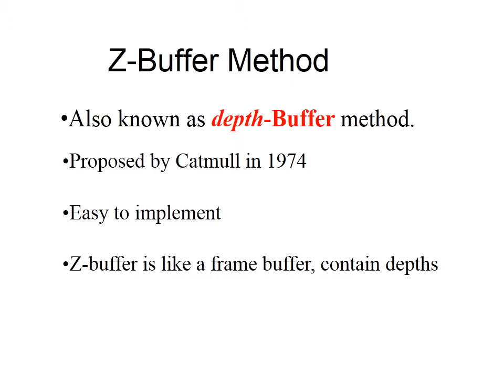So, Z buffer method, also known as Z depth buffer method, proposed by Catmull in 1974, is easy to implement. Z buffer is like a frame buffer containing depth.